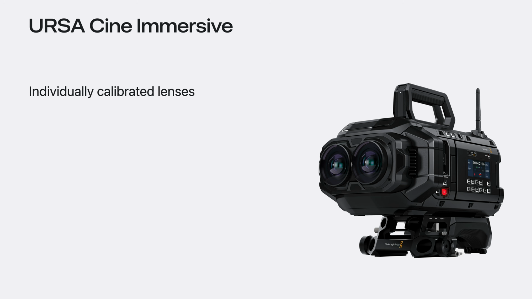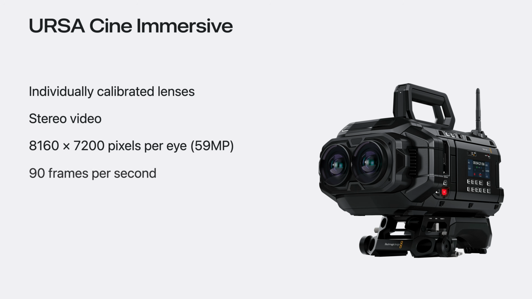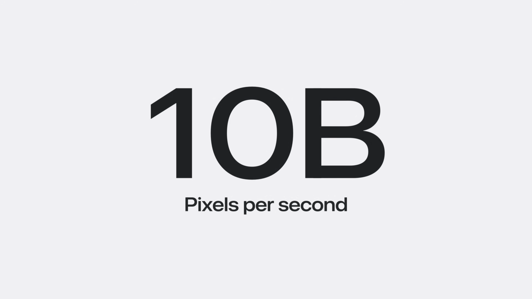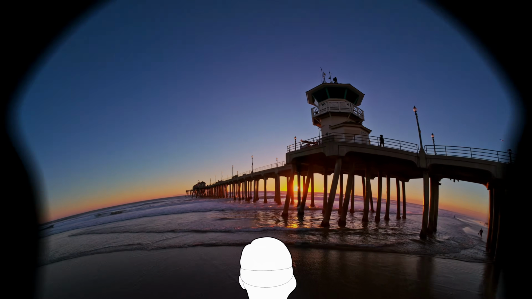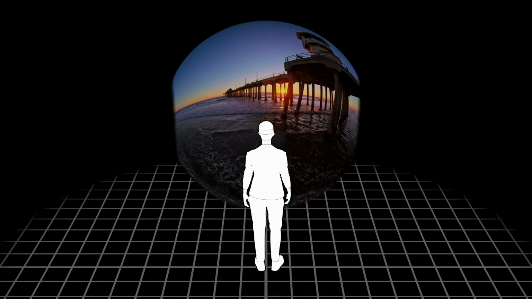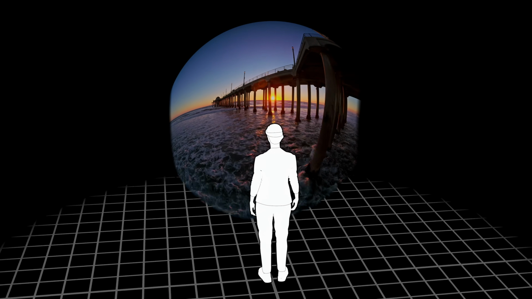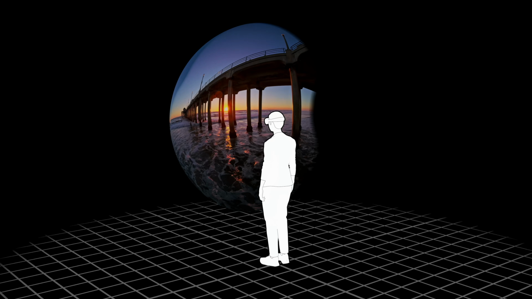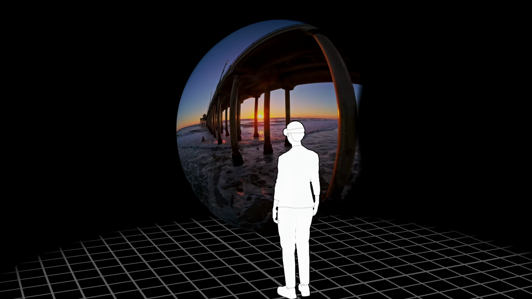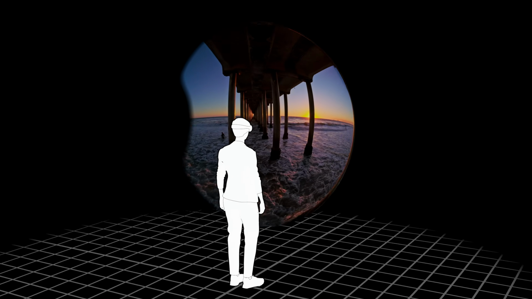The Cine Immersive captures stereo video with 8160 by 7200 pixels per eye. That's 59 megapixels per eye at 90 frames per second. That's over 10 billion pixels per second. The Ursa Cine Immersive captures up to 210 degrees field of view horizontally and 180 degrees vertically, with a sharpness approaching that of the human eye.